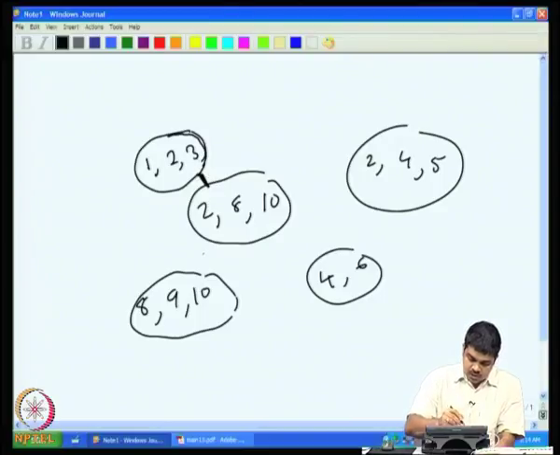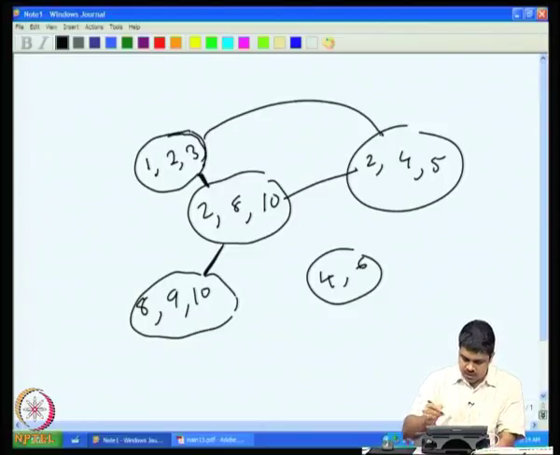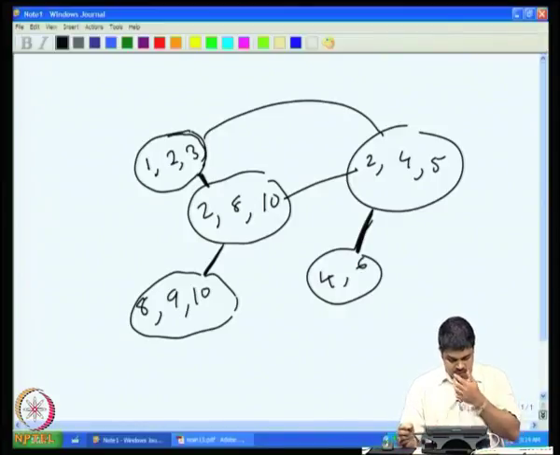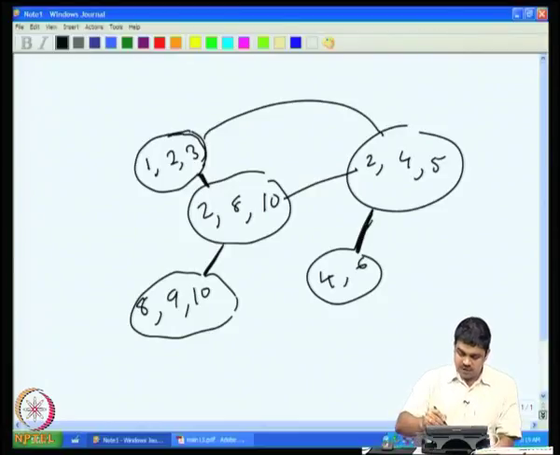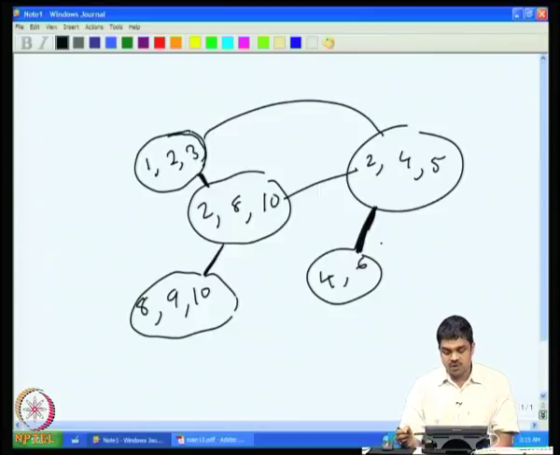Then between this and this there is an edge, between this and this there is an edge, and for 4, 6 there is nothing in common. So, these are the edges. This means that whenever there is an edge between two vertices, the committees corresponding to those two vertices cannot meet on the same day.